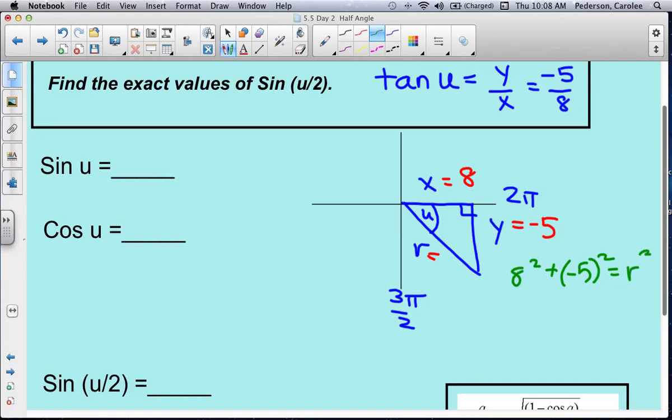So 8 times 8 is 64, plus negative 5 times negative 5 is 25. Add those together, and then square root it. Do we have a negative radius ever? Nope. So now we know all three pieces in this right triangle.